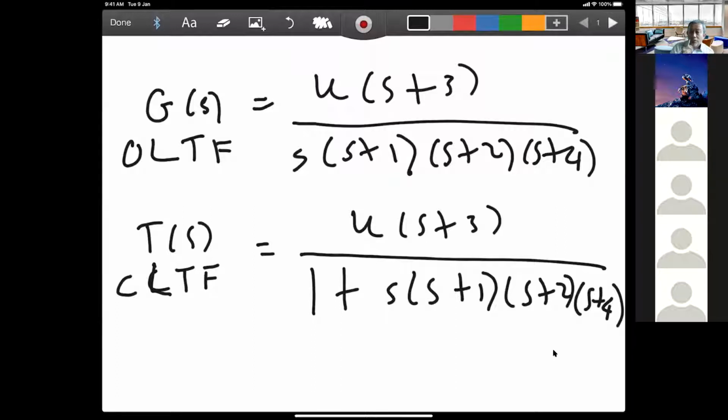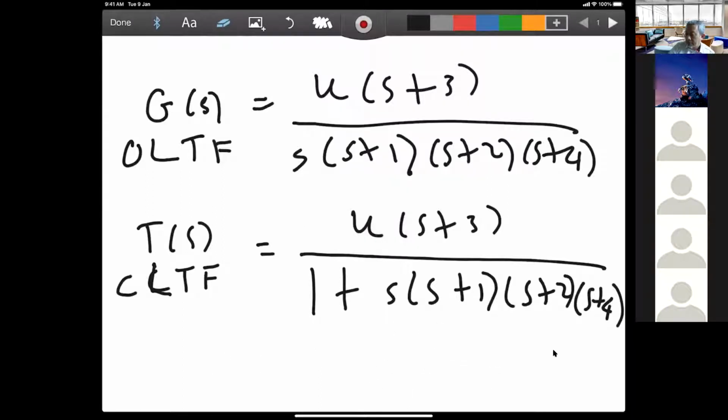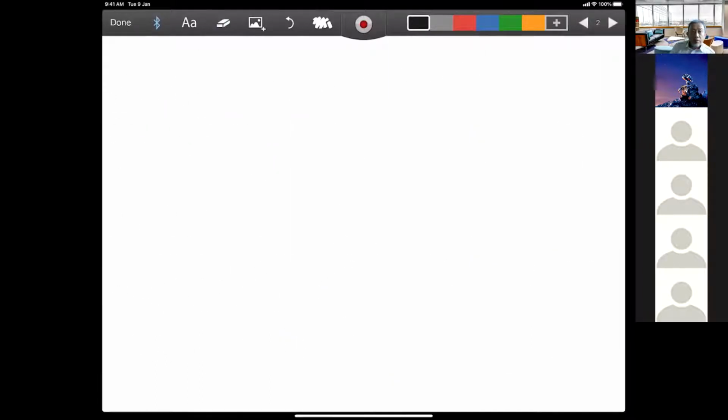Doctor, it should be G divided by 1 plus G of s. So meaning that this one needs to be added. Added, yes, doctor. By s plus 3. So at the end of the day, you will get it like this.